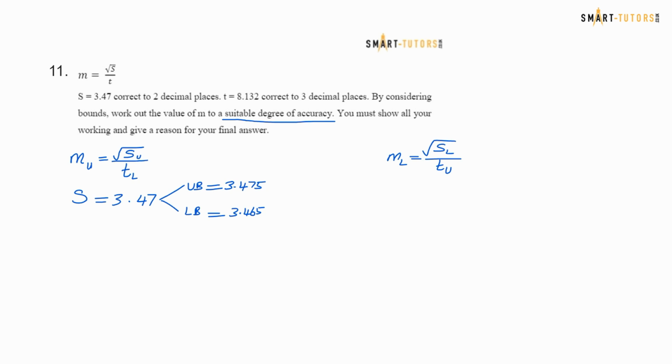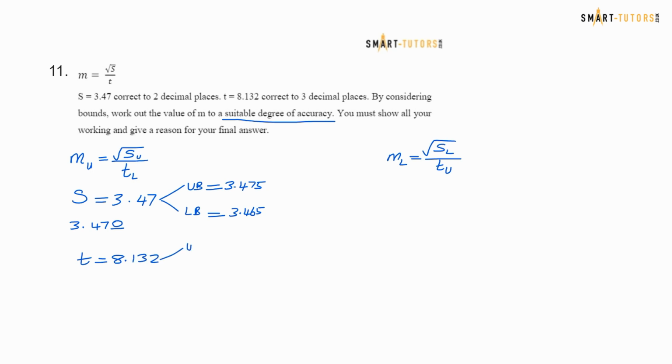All you want to do is write 3.47, think there's a 0 here, so take away 5, add 5: 3.475, 3.465. That is S. T is given as 8.132.